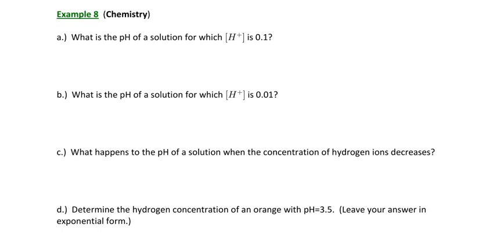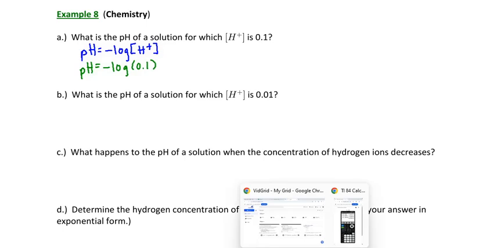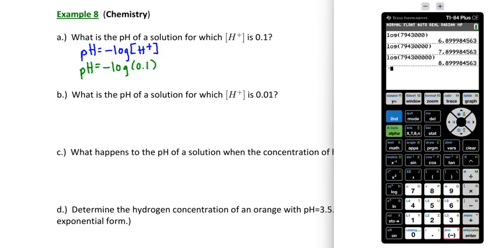So our function is pH equals negative log of H positive. So the pH for this solution would be negative log of 0.1. So let's type that into our calculator. Negative log of 0.1. Now we are looking at a base 10 logarithm here.